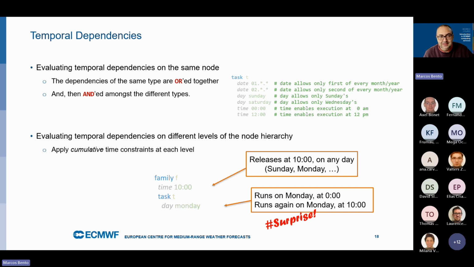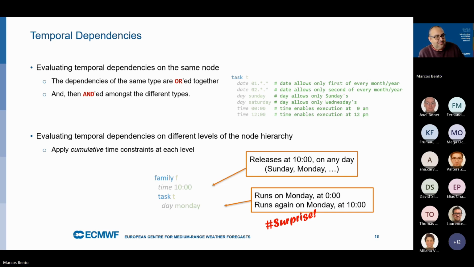So it might be one of the dates, one of the days, one of the times, and any combination of one of them will work, but you have to have one of each at least, okay?